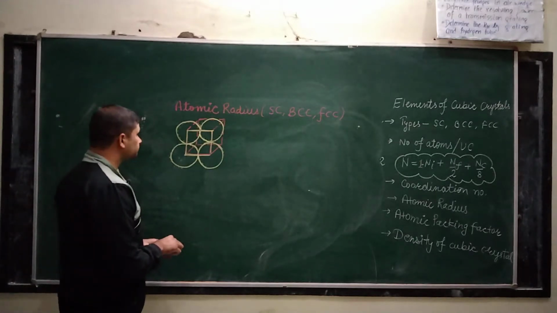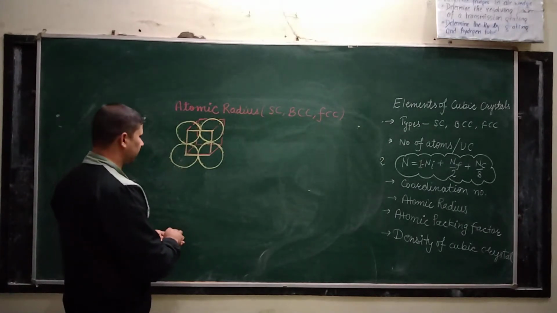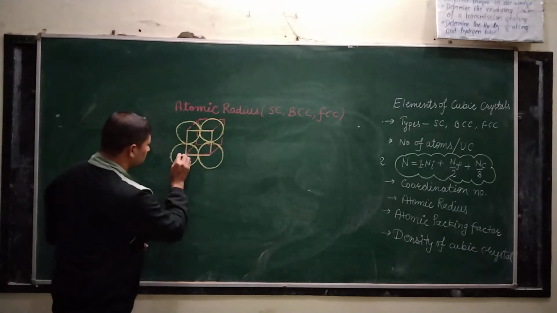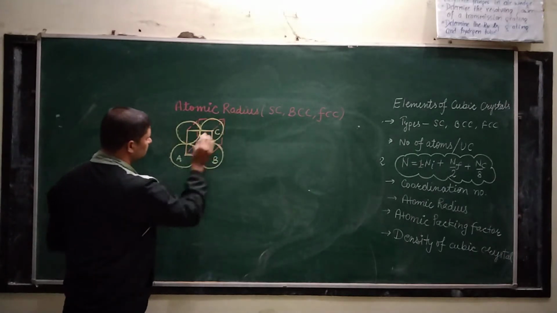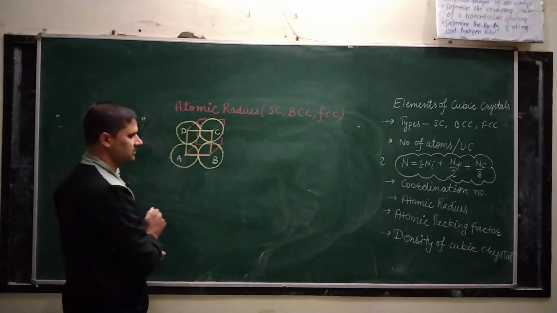So you will see that on this side, let this point be A, this be B, this be C, and this be D.